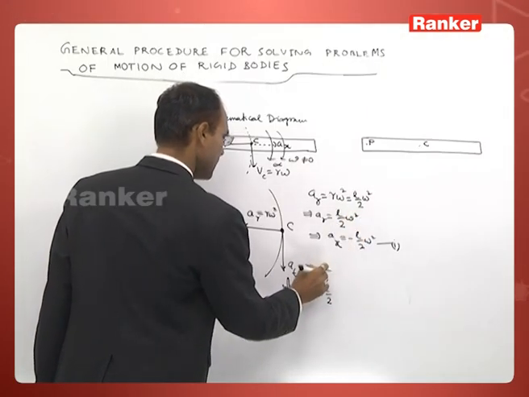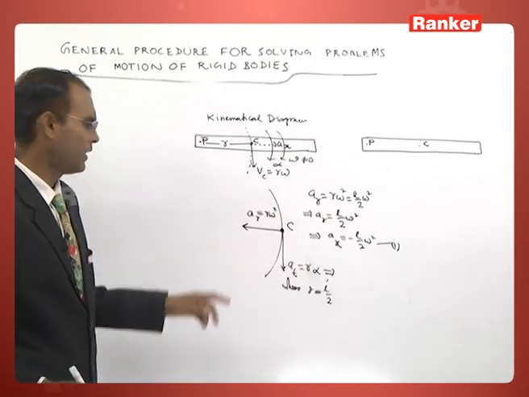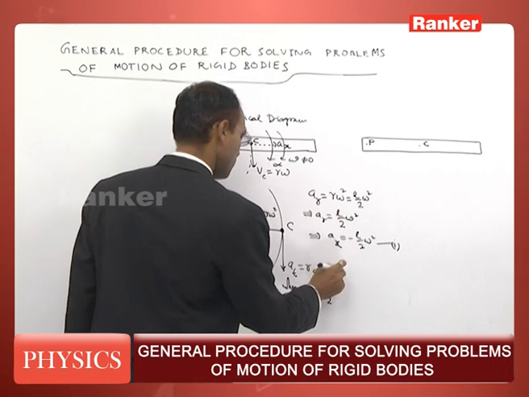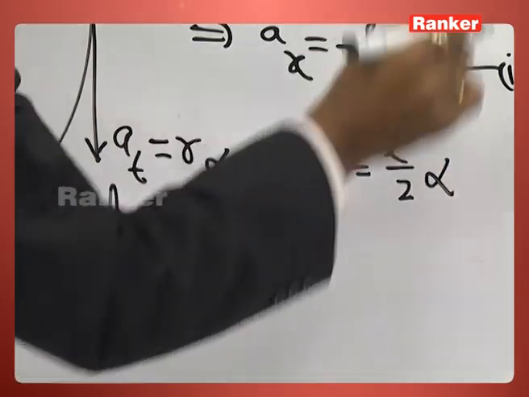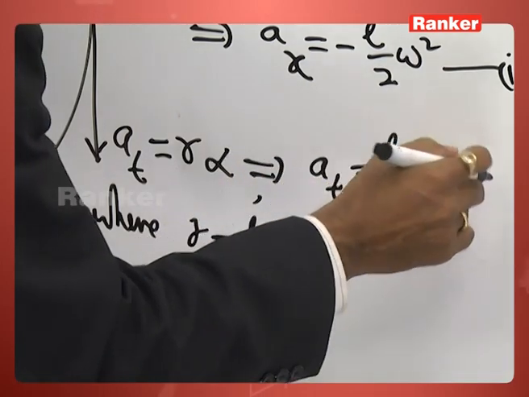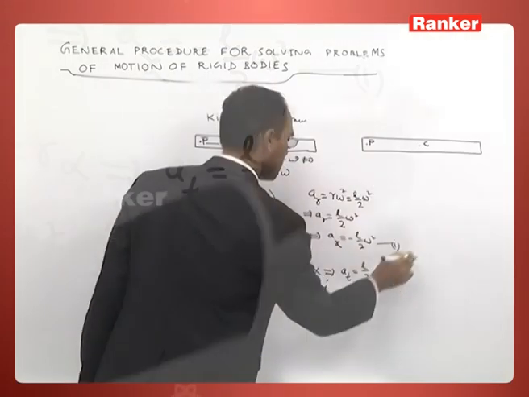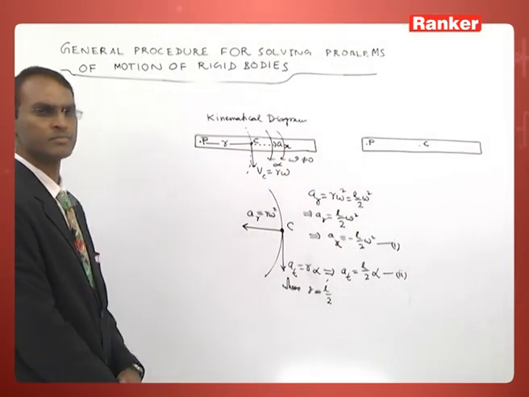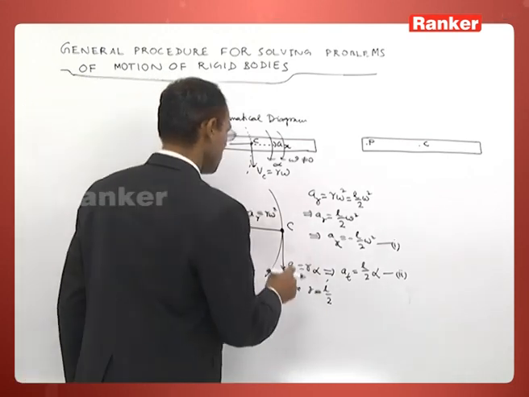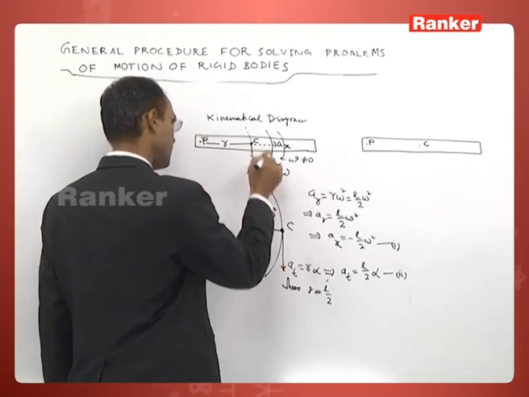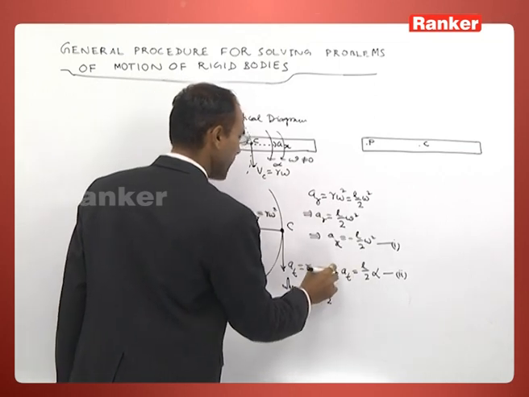And AT is equal to r into alpha, and r is equal to L by 2. Therefore, AT is equal to L by 2 into alpha. That is another equation. And we have taken downward as positive y direction.